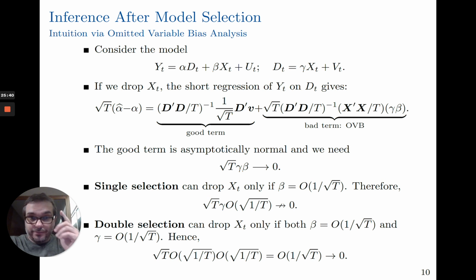But double selection will drop x from the equation only if beta is small, but also gamma is small. So we need both gamma and beta to be small. So we have something that's 1 over square root t, 1 over square root t, and we have square root t here, so this overall term will be of the order 1 over square root t, and this goes to 0, bingo.